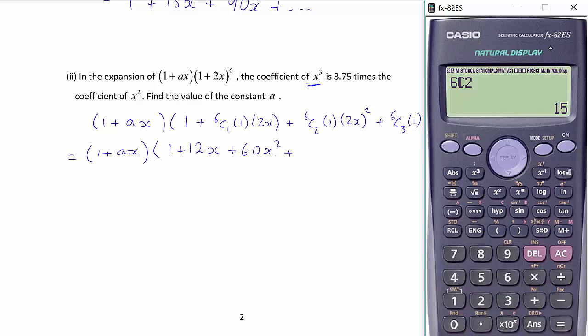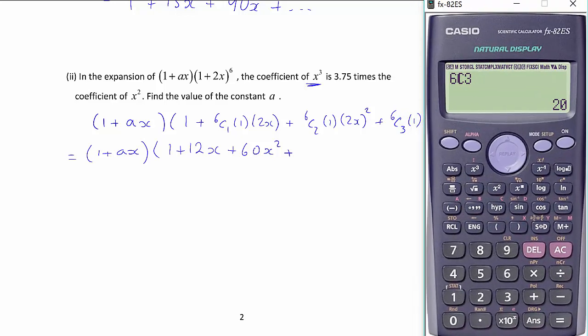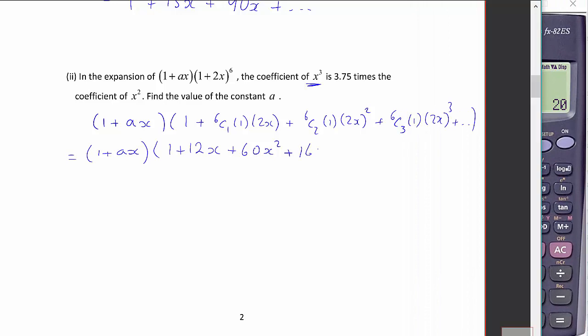So that's going to be a 6c3, which is 20, and 20 times 8 that will be 160. So 160 x cubed, and so on.